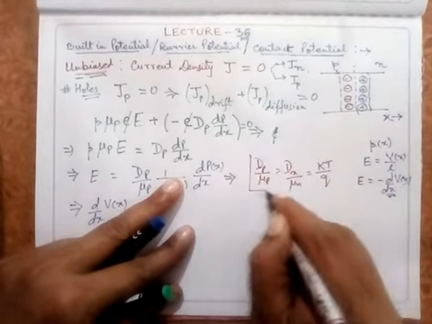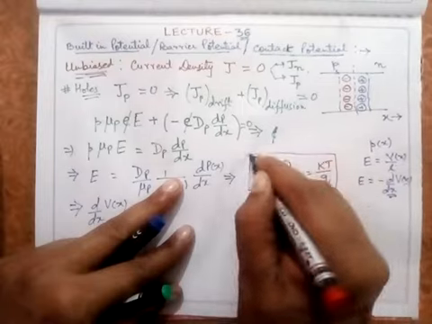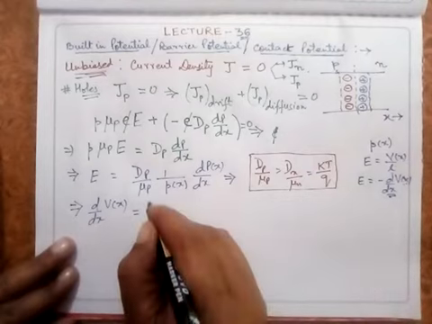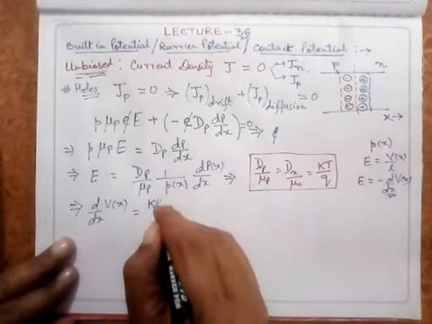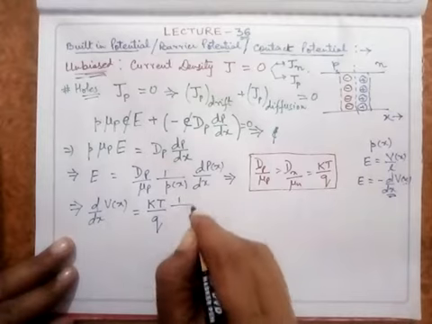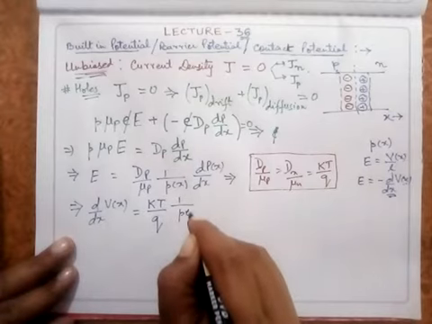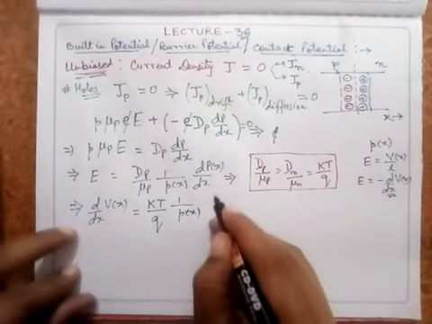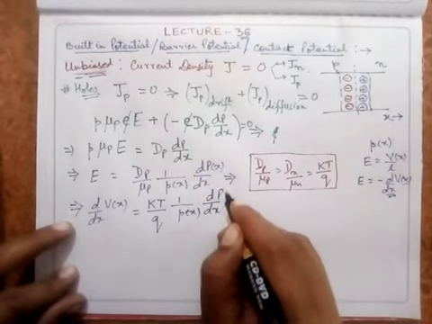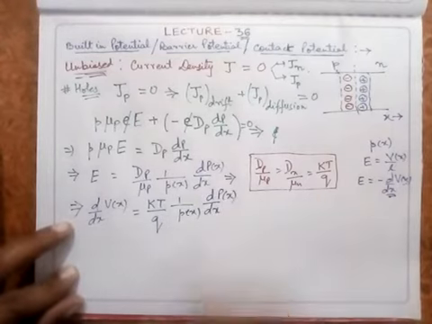This is the Einstein relation which I discussed with you, and this is what I substitute here: dp upon mu p, I am writing as kT upon q, into 1 upon p, which is a function of x, dp, which is a function of x. I hope this is clear to you.